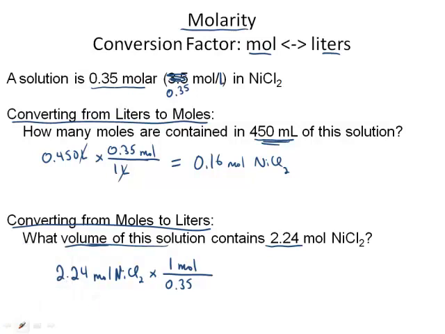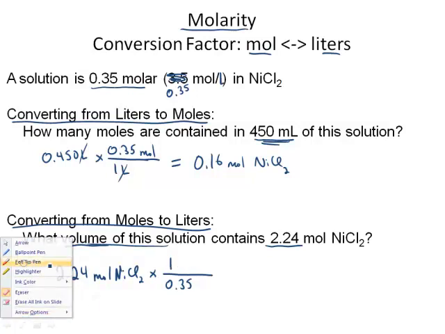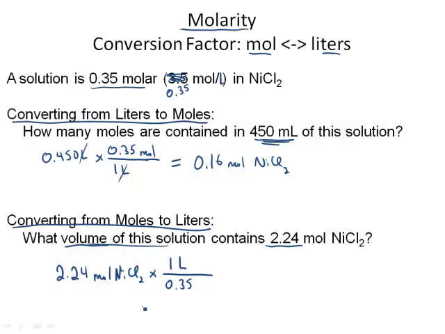The 1 liter goes in the numerator, and the 0.35 moles goes in the denominator. So that's 2.24 divided by 0.35. You would need 6.4 liters of that solution, which is about 1.5 gallons. That volume will contain that.